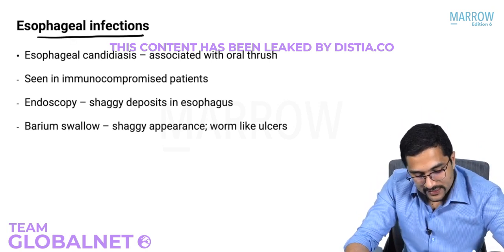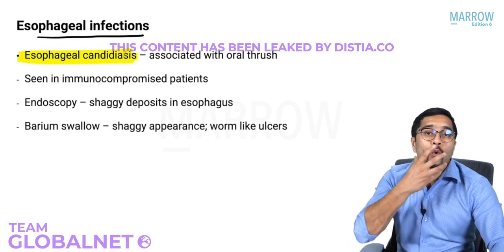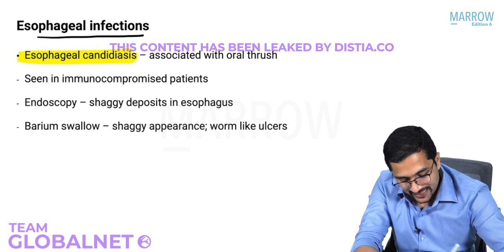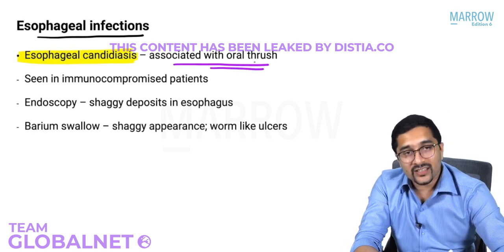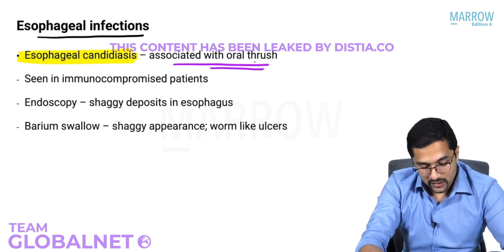Esophageal candidiasis is the first one. It is usually associated with oral thrush or oral candidiasis, and it is seen in immunocompromised patients.